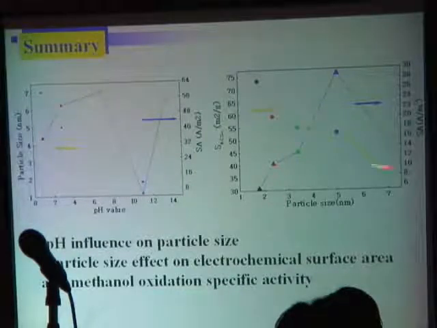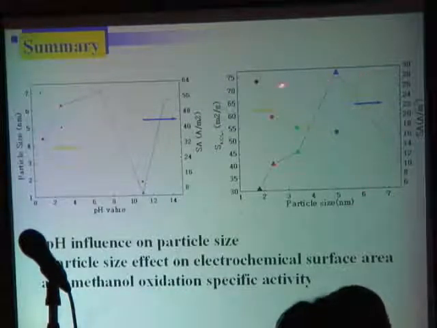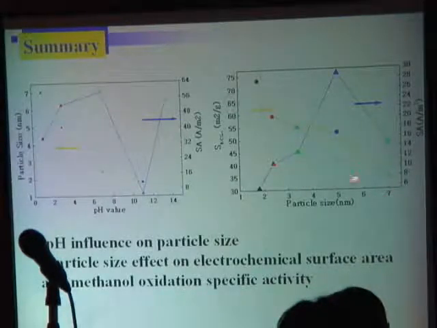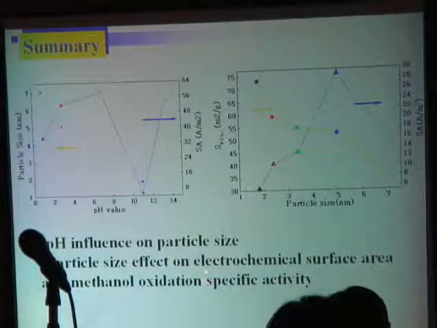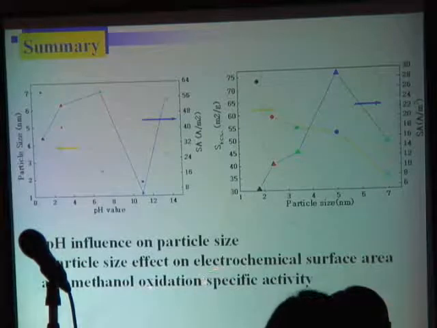And from this graph we know that at a particle size of around 5 nanometers, it shows the best activity. So the general meaning of my presentation is to show that a Pt particle size of around 5 nanometers shows the best activity, and it matches very well with the literature published before. Okay, thank you.